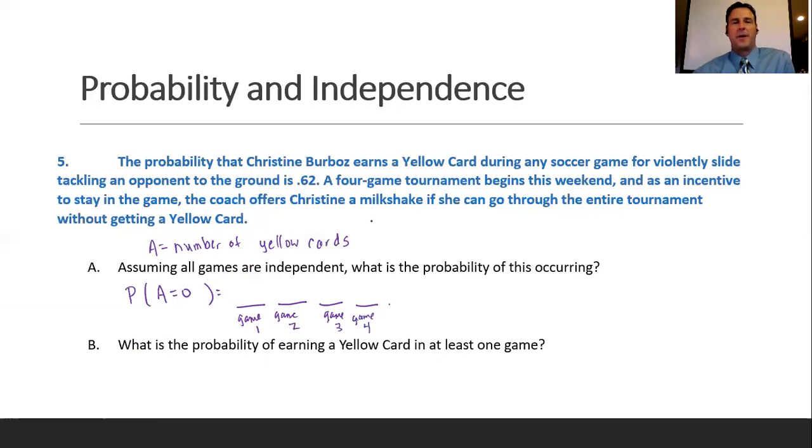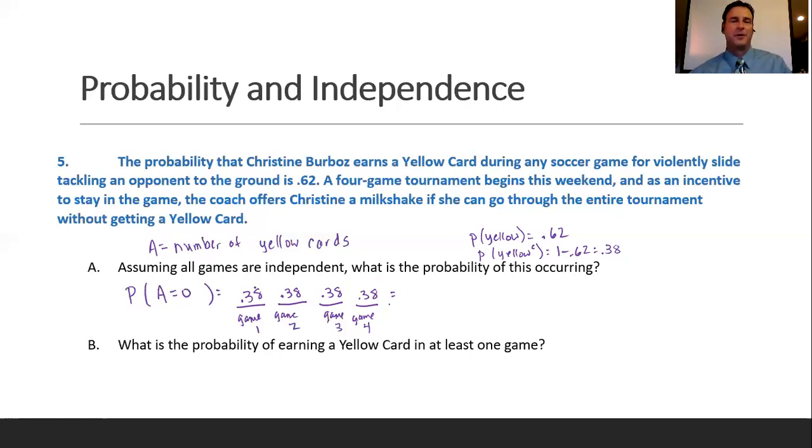Well, the probability of getting a yellow card is equal to 0.62. And if I want the complement of that, that's going to be 1 minus 0.62 or 0.38. So the probability that she gets no yellow cards on the first game is 0.38. The probability she gets none on the second is 0.38, and the third, and the fourth. And what are we going to do with these?